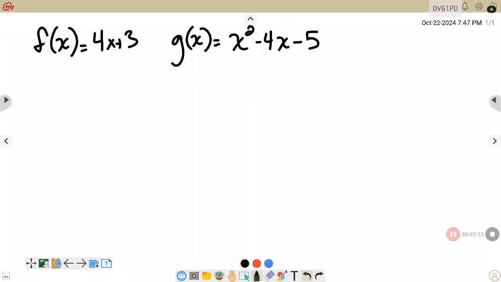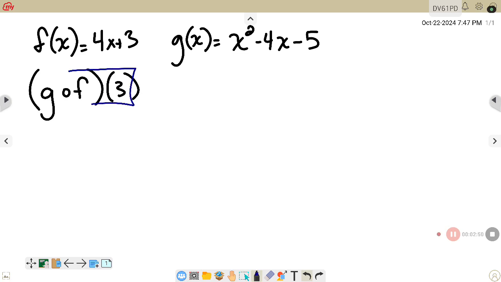All right, in this next problem, my functions are f of x equals 4x plus 3 and g of x equals x squared minus 4x minus 5. And we are going to find g of f of 3. So the steps are the same. Doesn't matter g of f, f of g, you are always finding what is in that position first.